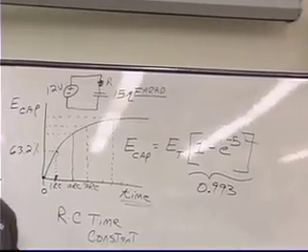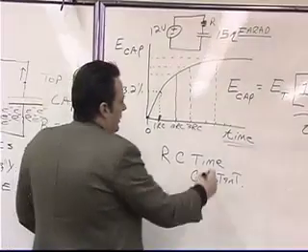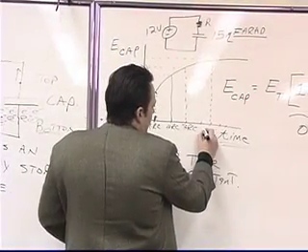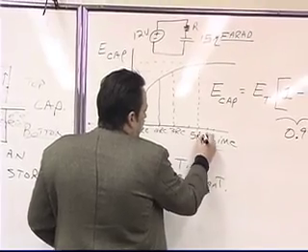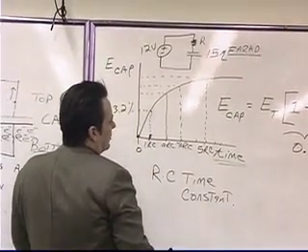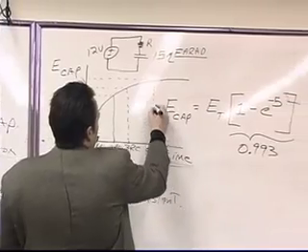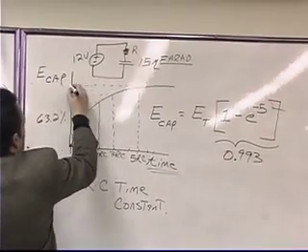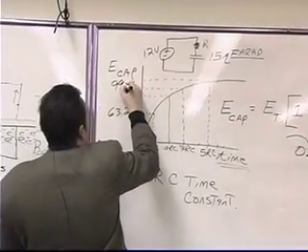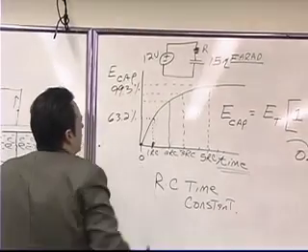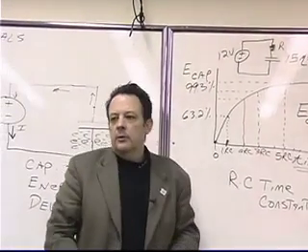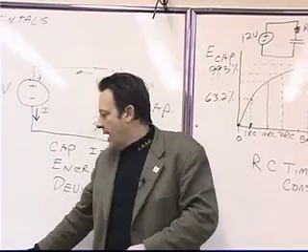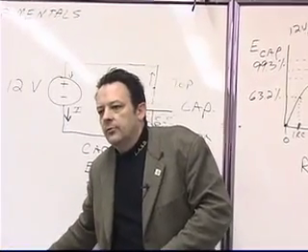0.993. So what that tells you is that after 5 time constants, or 5 times RC, the voltage on the capacitor has built up to 99.3% of the battery voltage. We call that fully charged. That's an industry standard.